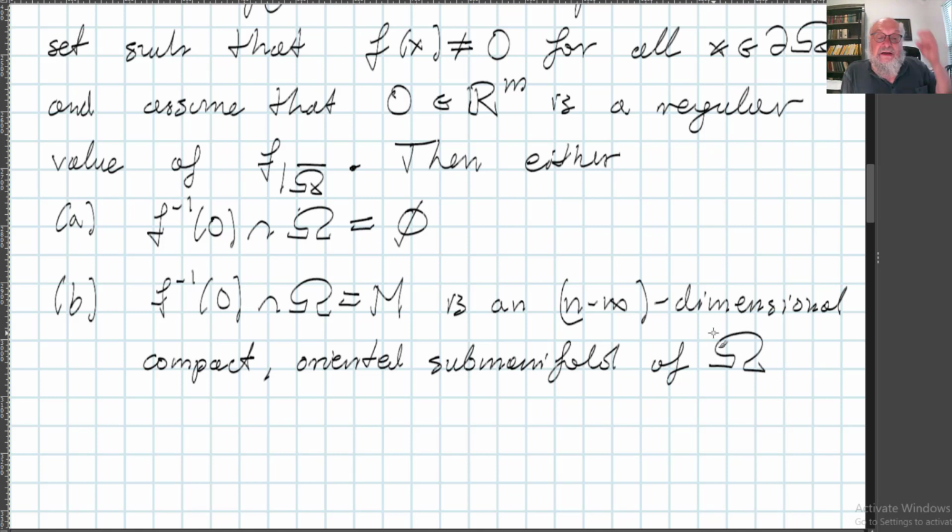So this is a very nice property of the regular values, that the inverse images of regular values are submanifolds.